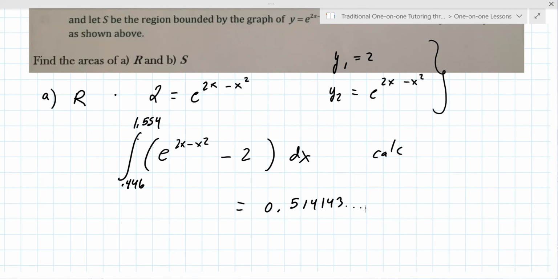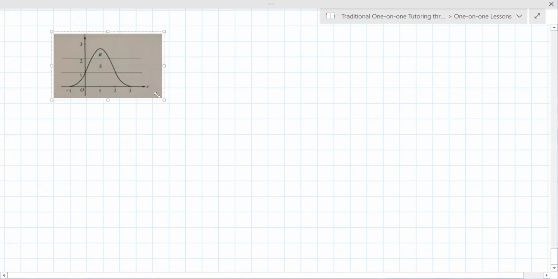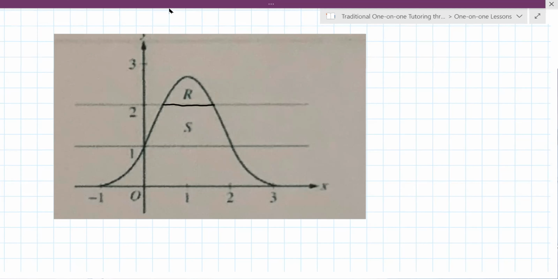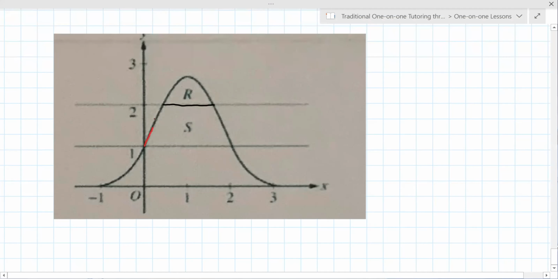Fantastic. So to find S, I'm going to go back to the original image and just snip it again. This is the kind of problem where your instructor may even say set up, but do not calculate. So here's S. If you're in this part in red, do you see that the top is that curve and the bottom is the line y equals 1?